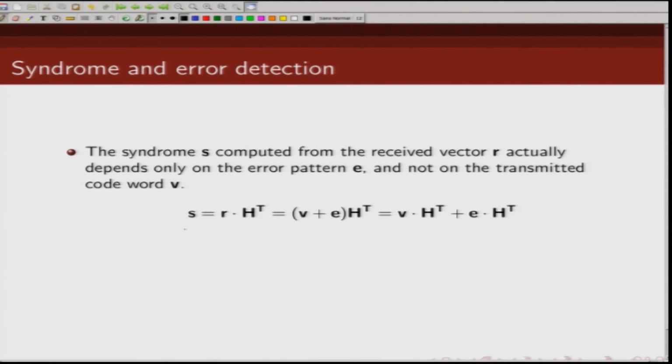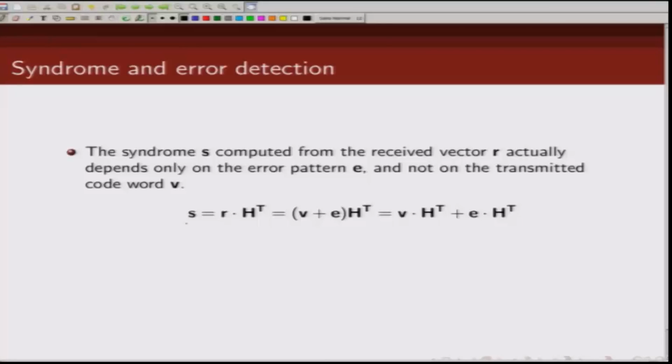So, as I said, we compute the syndrome from the received sequence R. The interesting part is that the syndrome depends only on the error pattern; it does not depend on what code word was transmitted, and this is easy to see. The syndrome is RH transpose, which we can write as, R is my transmitted code word plus the error vector, this whole multiplied by H transpose.